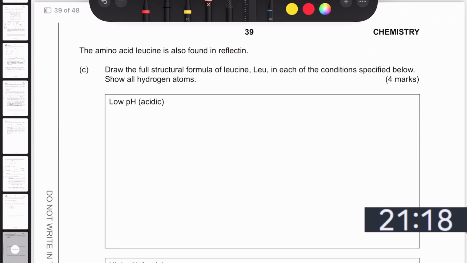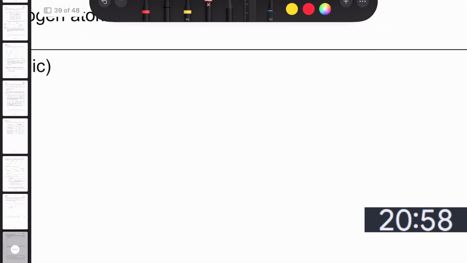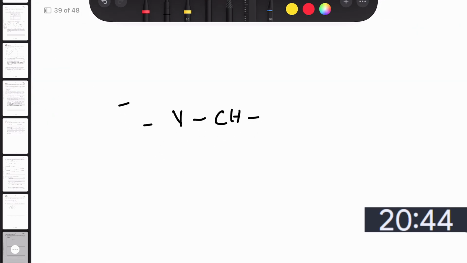39. The amino acid leucine is found in reflectin. Draw the full structural formula of leucine in each of the conditions specified below, showing all hydrogen atoms. If it is acidic conditions, they will gain a H. So let me find my leucine. So low pH, acidic, so I'm going to have H3N plus, and everything else will be the same. Full structural formula, brother.